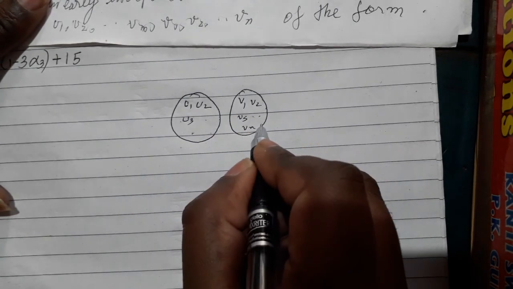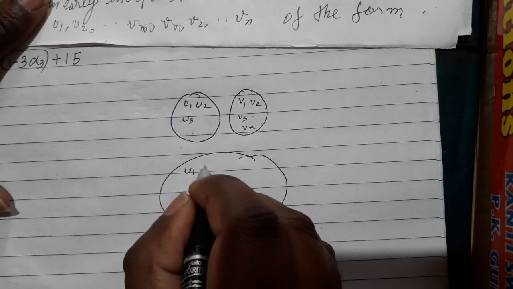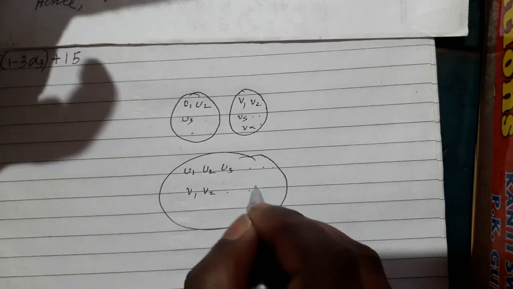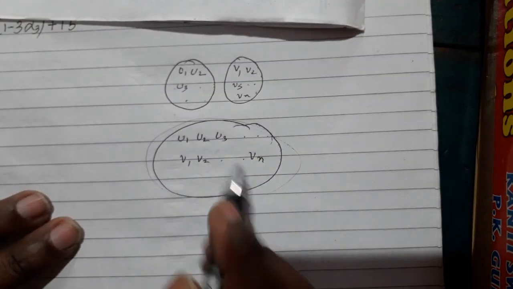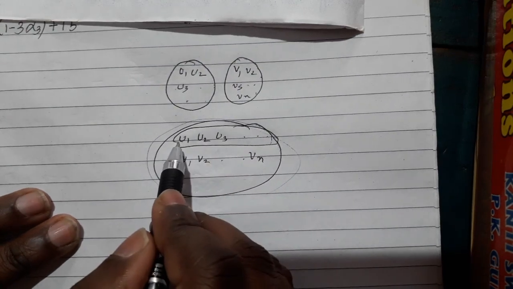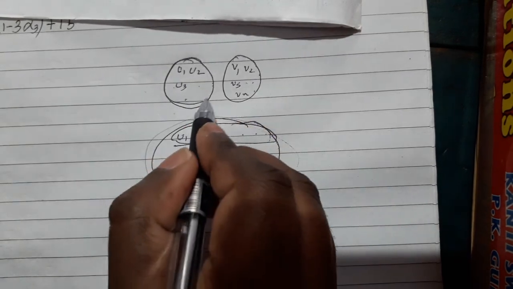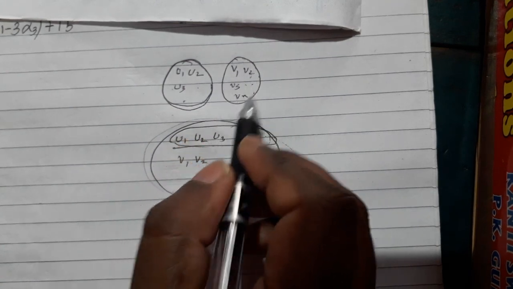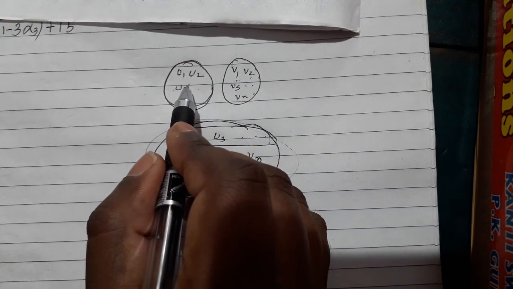We can take together this big set u1, u2, ..., v1, v2, ..., vn. The set of u's is already linearly independent, so I can choose some vectors from the v's. Not all of these vectors will be linearly independent with the u's, so I'll choose some vectors from here which are linearly independent with them.